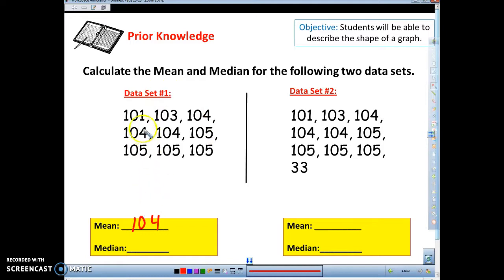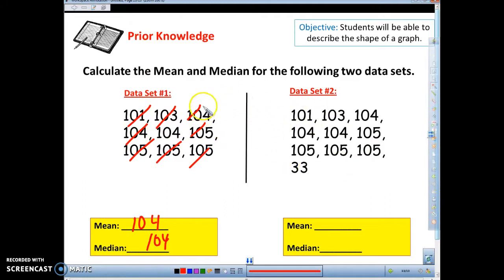The median of this data set, well, I have 9 numbers, so if you want, you can do the crossing game that we have talked about. 1, 2, 3, 1, 2, 3, 1, 1, and we also have 104 as our median. So notice this is perfectly balanced in terms of mean and median.